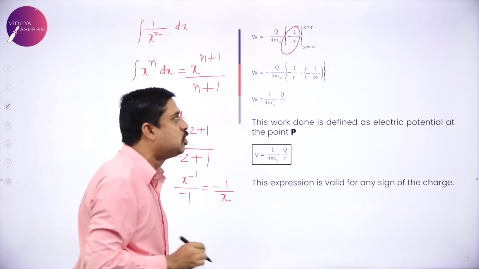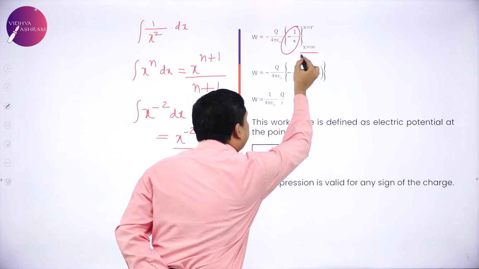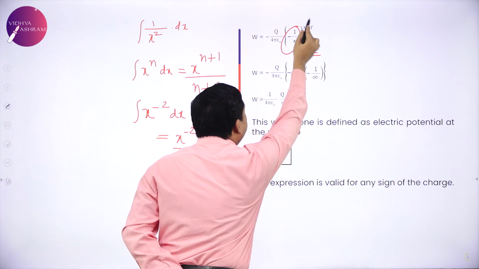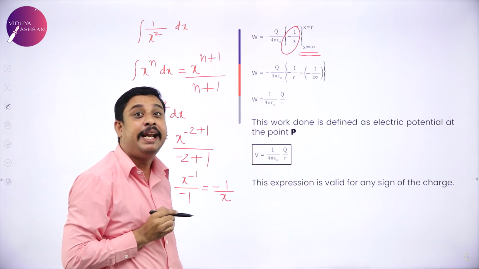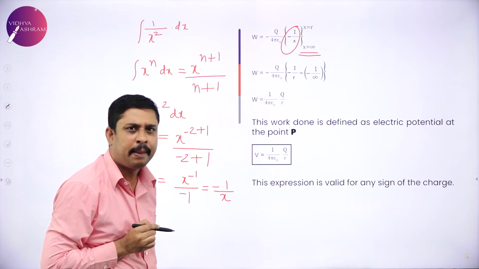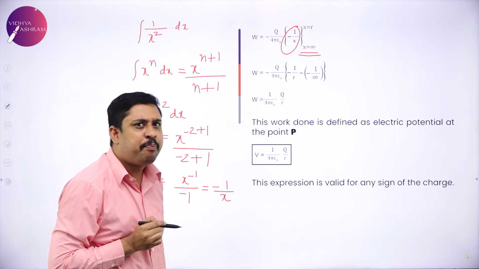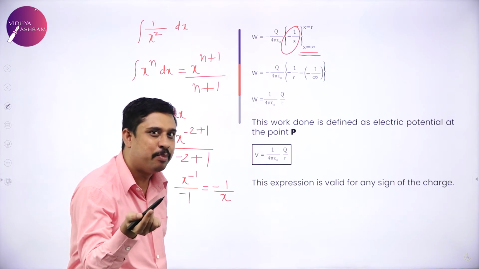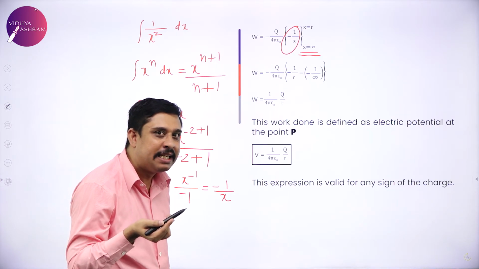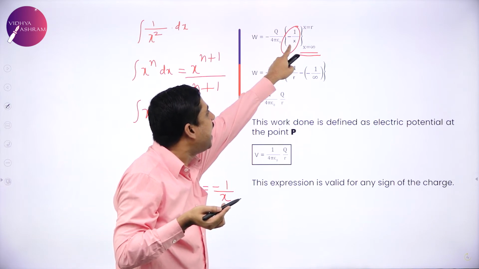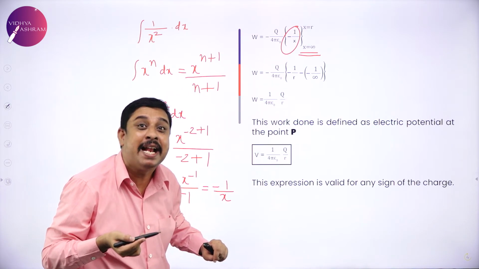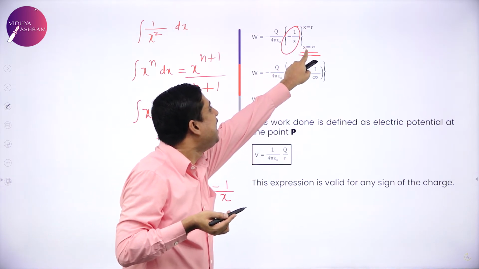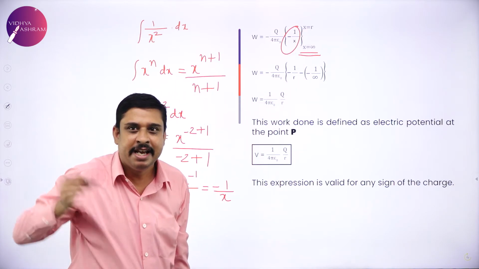Still my limits is not solved. Lower limit infinity, upper limit r is still retained. Now, do I apply limits for constants or variables? Variables. Why? That means the value of x is changing in between infinity and r.